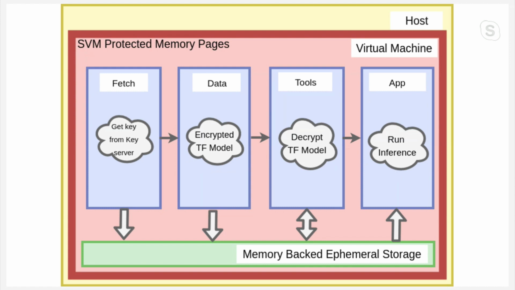And when you want to run this scenario, you can get a symmetric key from your KMS or wherever you want to fetch your keys from, put that key inside the ephemeral volume, then get this encrypted TensorFlow model, decrypt it using, say, GPG tools, and finally you run your inference. Everything that is happening here is completely invisible to the host.